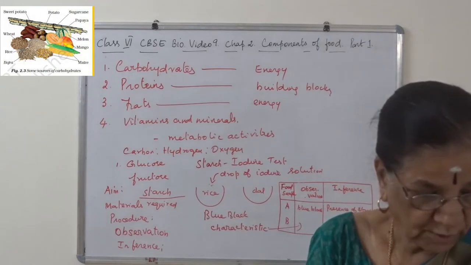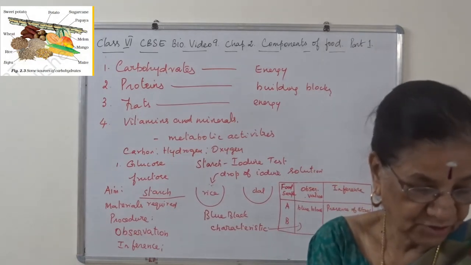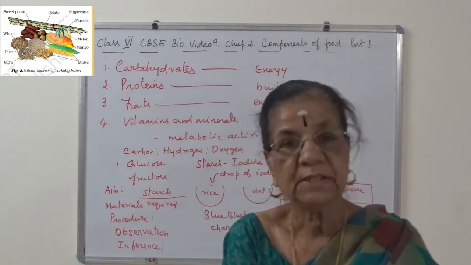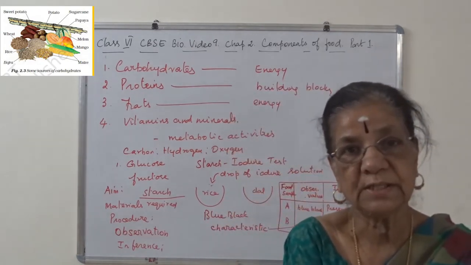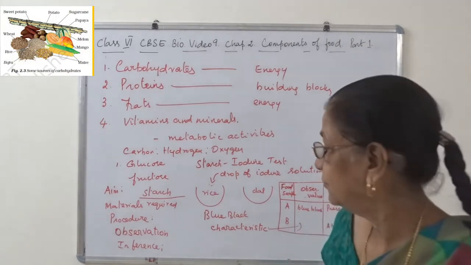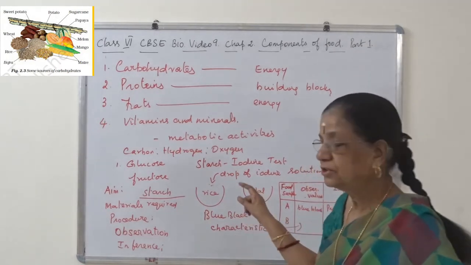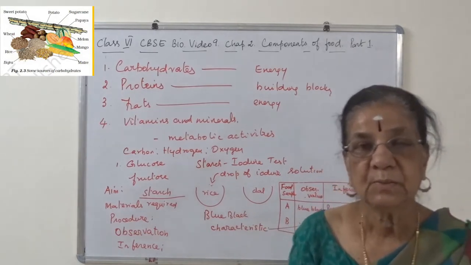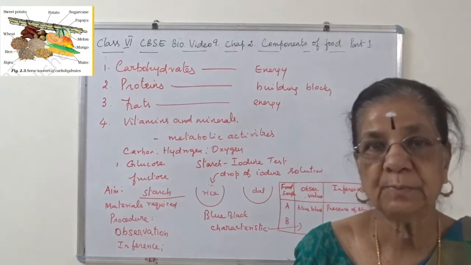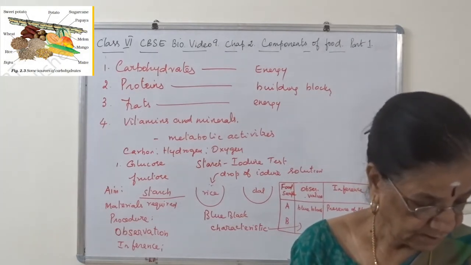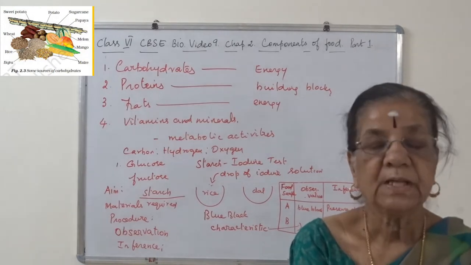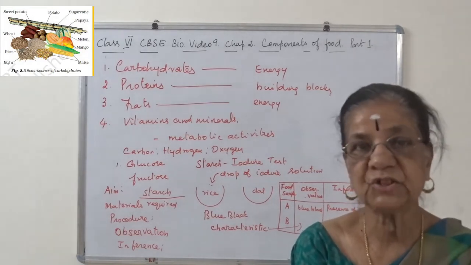Now let us begin by testing different food items to see whether they contain carbohydrate. We have taken rice; in the textbook, it is potato. There are many types of carbohydrate, forming starch and sugar.